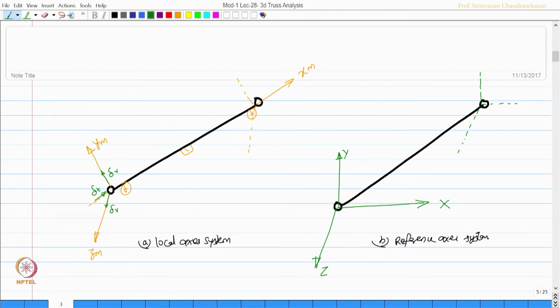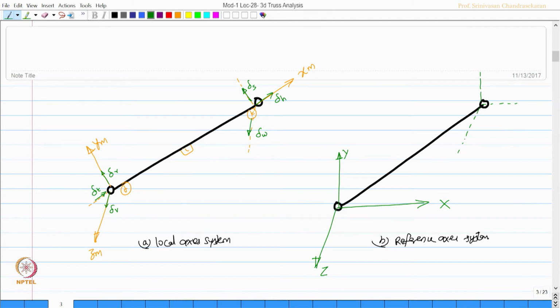Okay. Similarly, this will be called delta h, this is delta t, sorry, delta s, and this delta w, which is the same as the beam element we used in the earlier derivation.